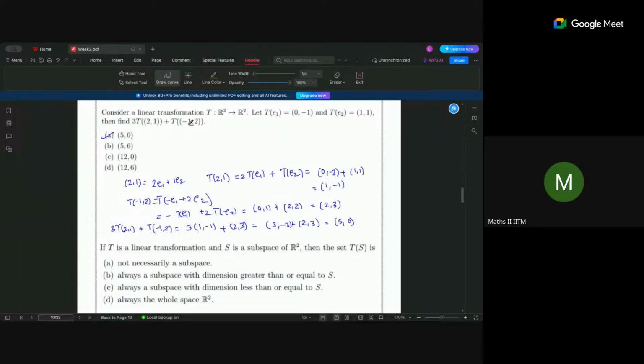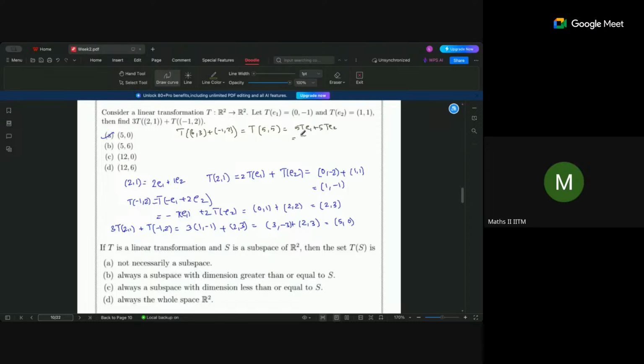You just simplify the expression and that's all, right? So T of 3 times (2, 1) means you get (6, 3) plus (-1, 2), which is T of (5, 5). So it is 5 times T of e1 plus 5 times T of e2.